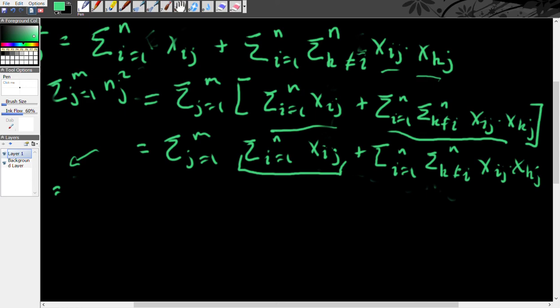But xij, if I'm summing from 1 to n, what is this? It looks familiar, right? This is just nj, because I went around and asked everyone, did you hash at the j slot? So this is nj, and I can simplify this even further. If you think about it, I'm going around to every slot and asking them, hey, j slot, how many items hash to you?